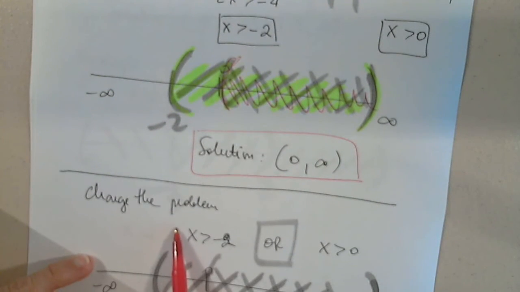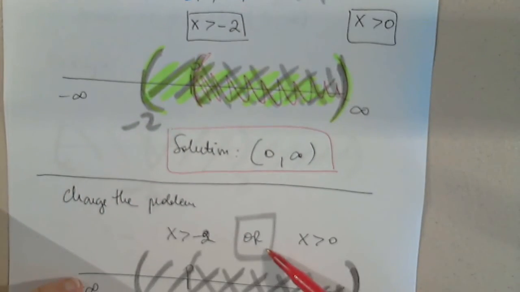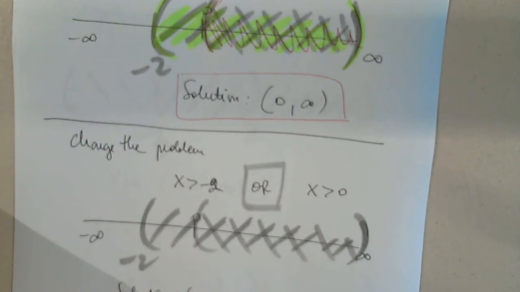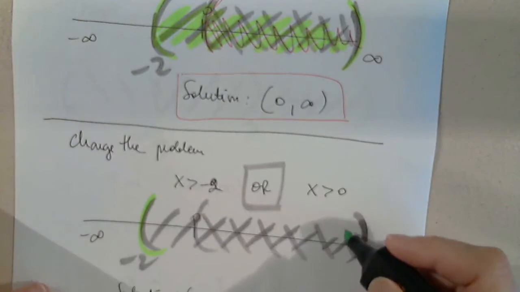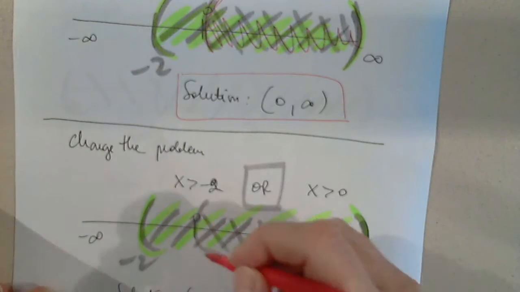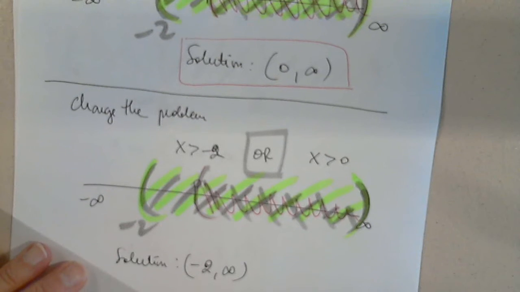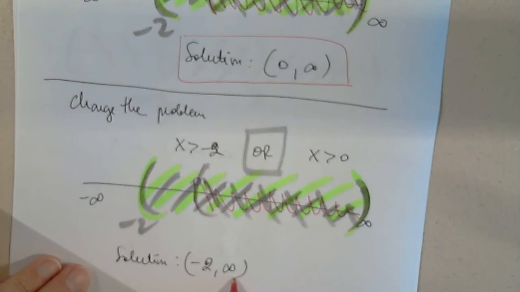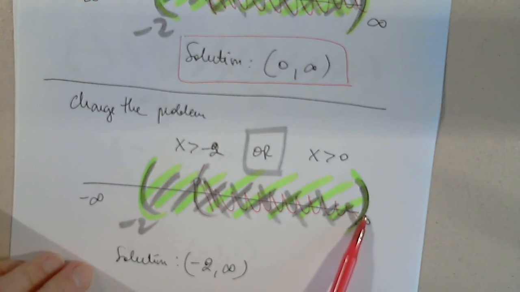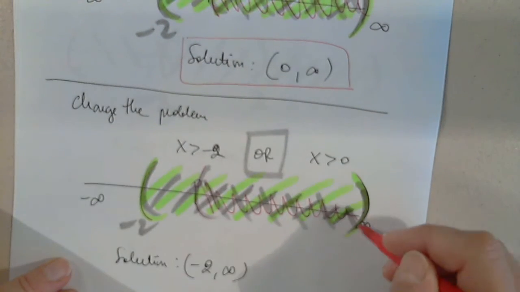If I change the problem now, and I change it to or, so the keyword now becomes or, here's the difference. The sets do not change. The green set is the same. The red set is the same. However, the union will be -2 to infinity. Why? If you have the green set and I have the red set, and we perform, or let's say we make up a partnership, we will be able to enjoy this set this time.